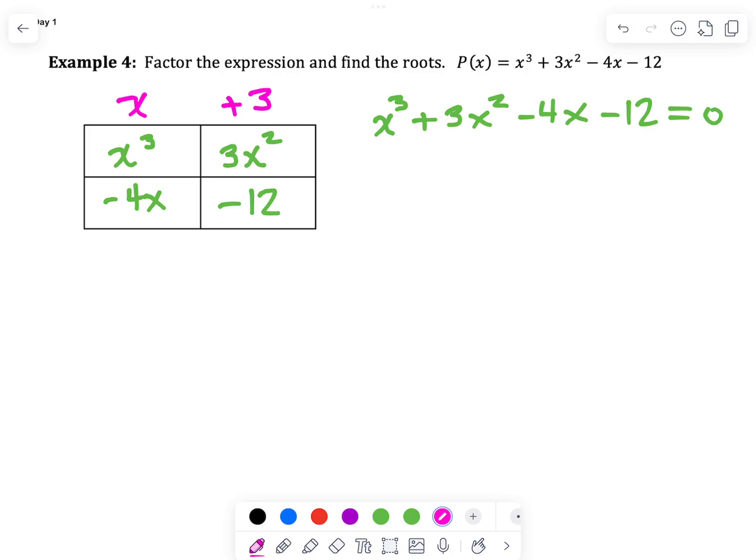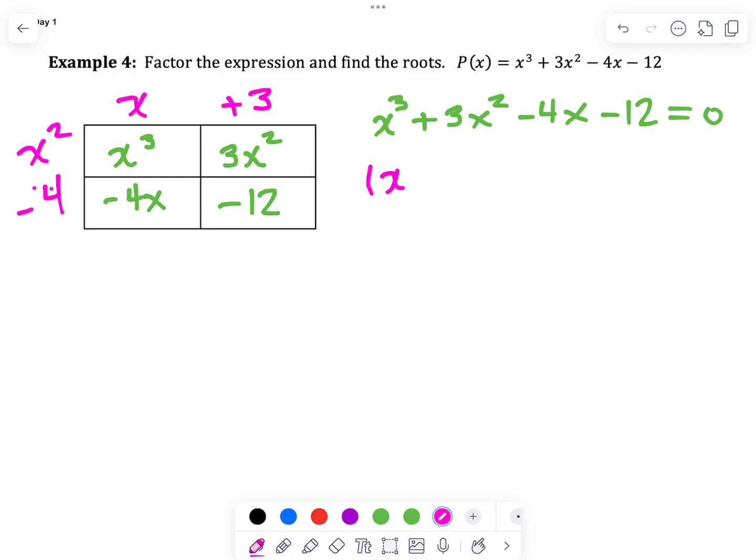The first row, the GCF, is x squared. The next row is -4. Then what we do is we write the two binomials.